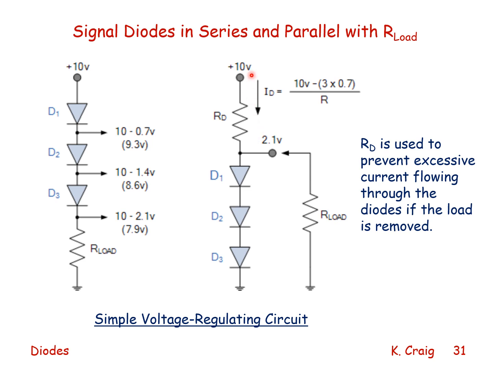The 10 volt supply minus the 2.1 volts is then the voltage drop across RD, resulting in a current that is equal to 10 volts minus 2.1 volts divided by that resistance. RD is used to prevent excessive current flowing through the diodes if the load is removed.